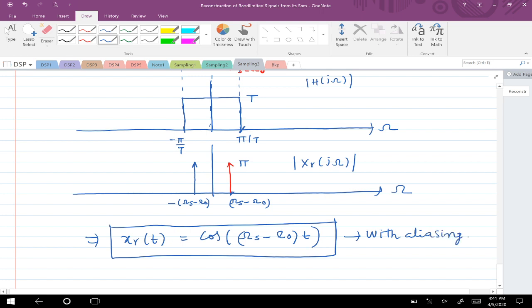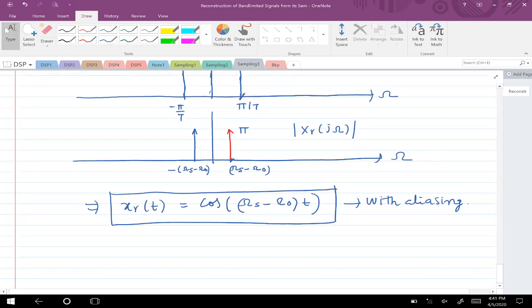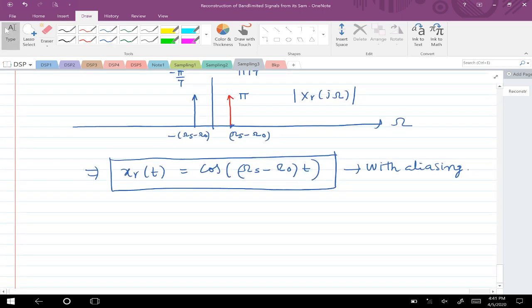Originally it has to be cos omega naught t, but the moment you are not taking enough samples, or your T is very large, that's when you end up with a different signal due to aliasing. Hope this is clear to you.